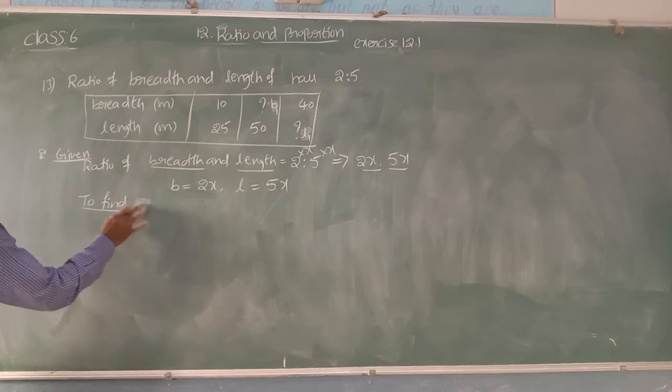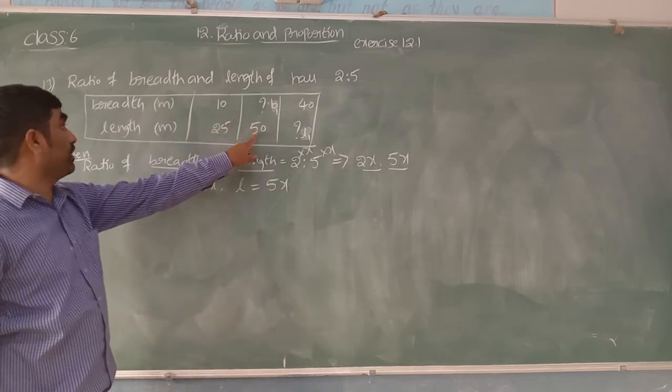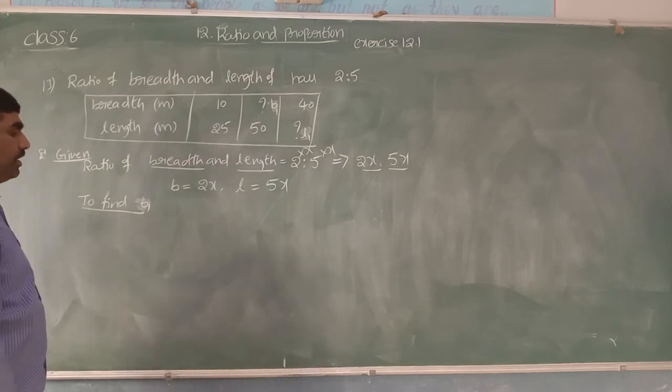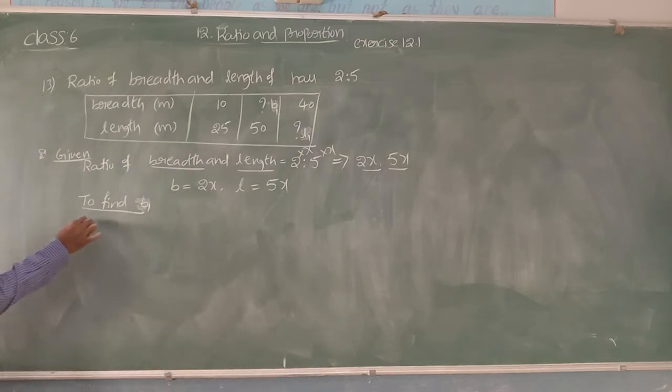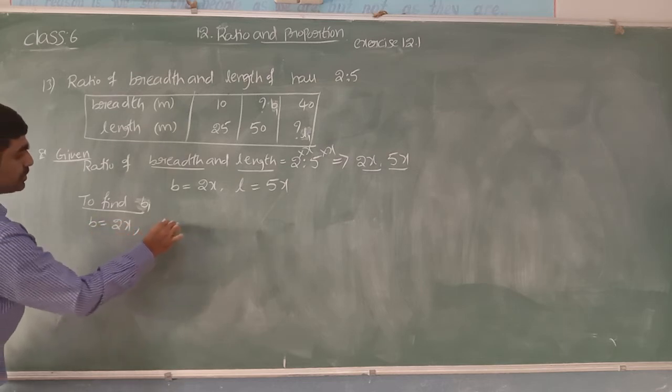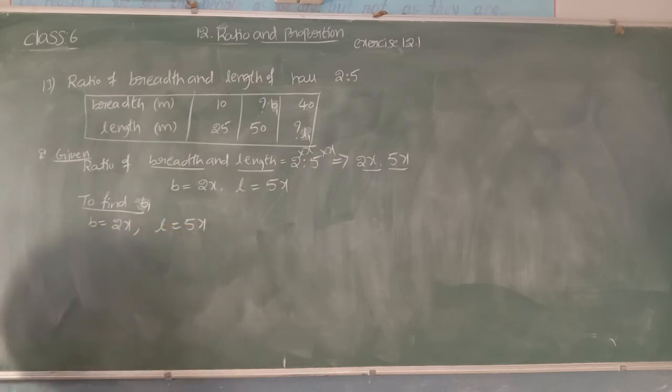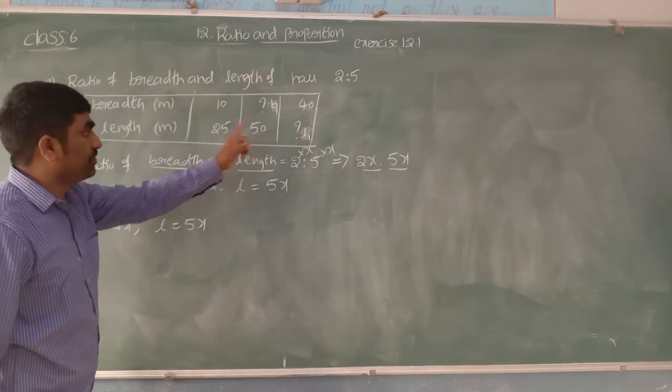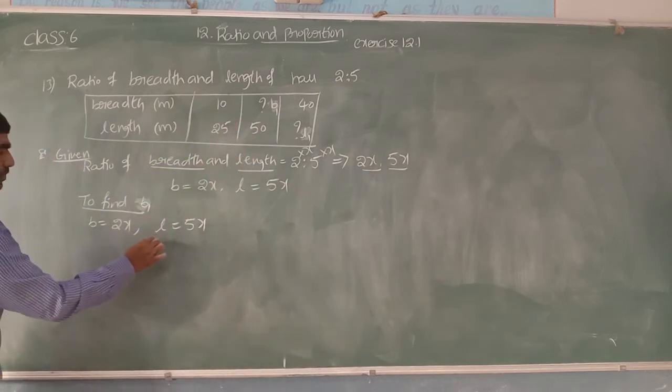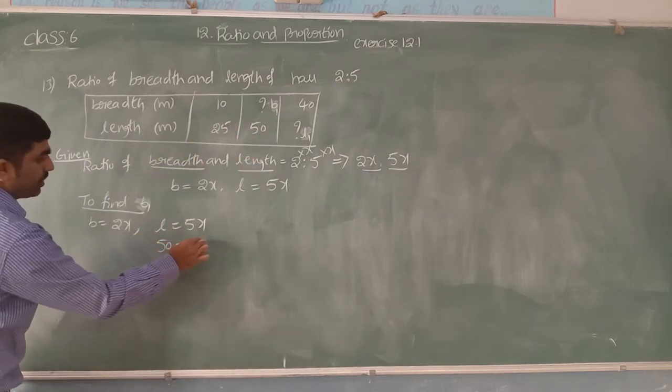Now to find b1, we will take the help of the corresponding length. Now see here, b is equal to 2x, comma, L is equal to 5x. The corresponding length, how much they gave? 50. So L they gave 50, which is equal to 5x.